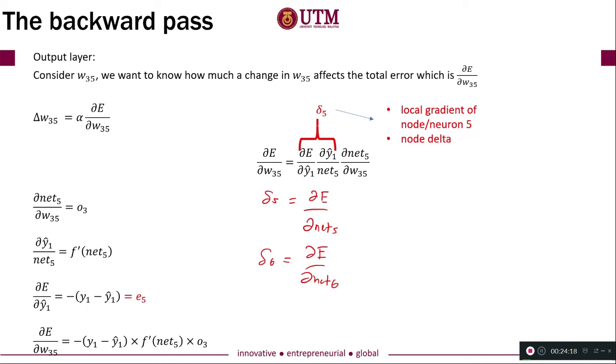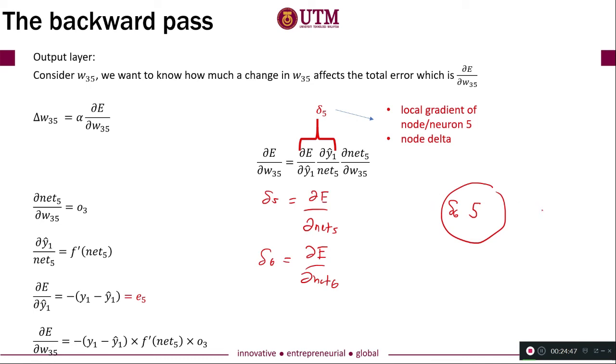Just remember that if del E over del net is defined as delta, then del E over del net 5 is delta 5. In some textbooks they call it a local gradient, meaning the gradient happening inside the network. This is the gradient inside the network.